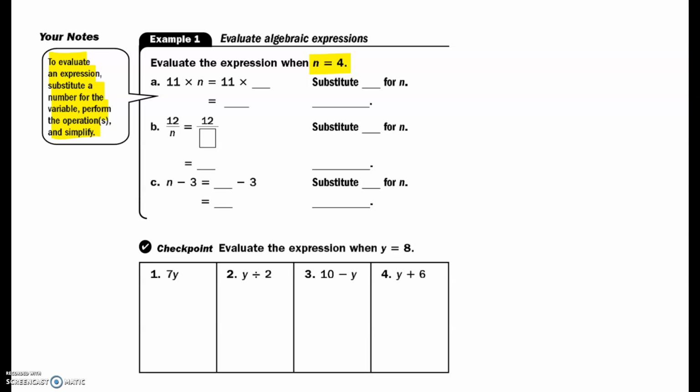So that means we are going to substitute 4 anywhere we see the letter n. So in this case, 11 times n really means 11 times 4. Hopefully you know that that is 44. So what did we do to find that answer? Two things. We substituted 4 for the letter n, and then we multiplied those numbers together.